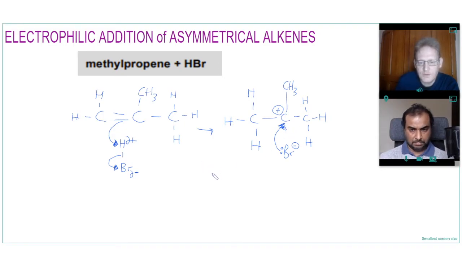And our other option is the hydrogen could attach to the second carbon, and the first carbon gets the positive charge. And then the bromine could form a bond with the first carbon.